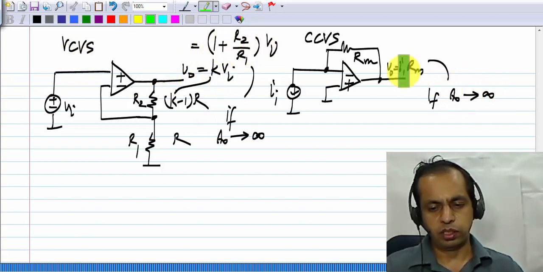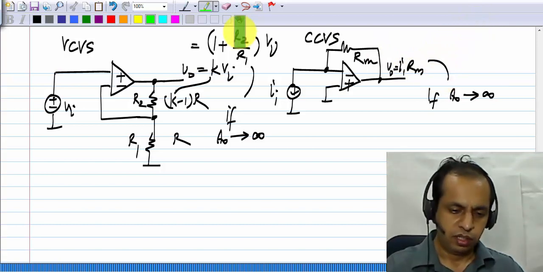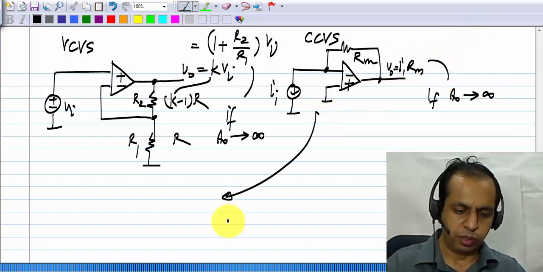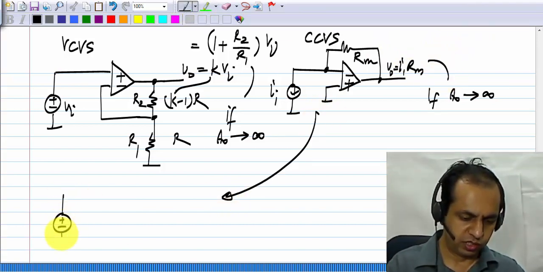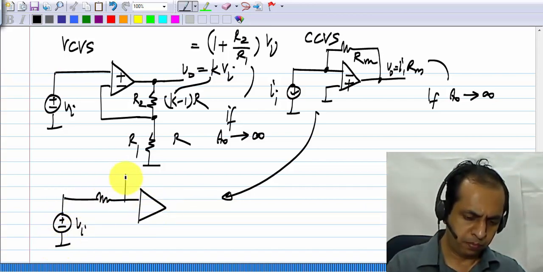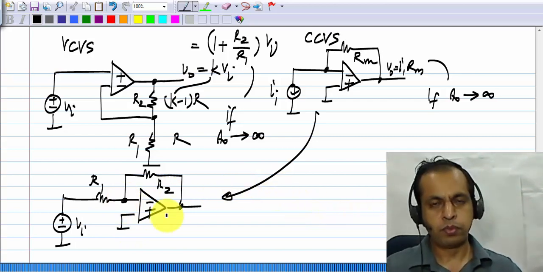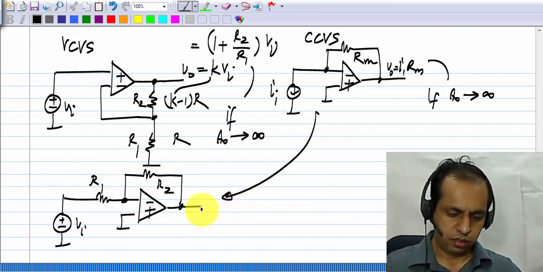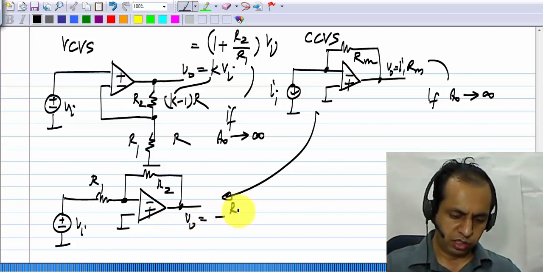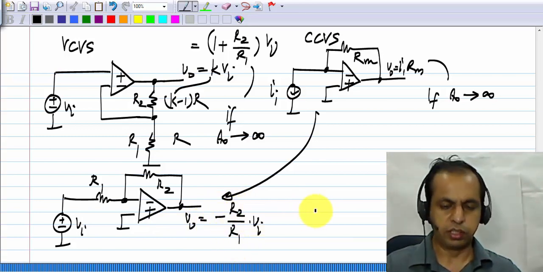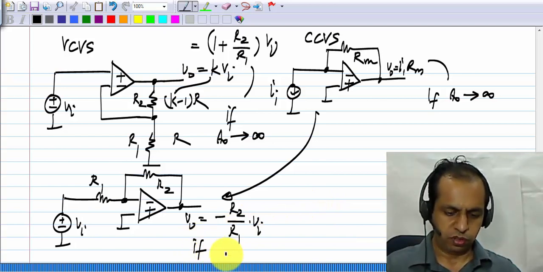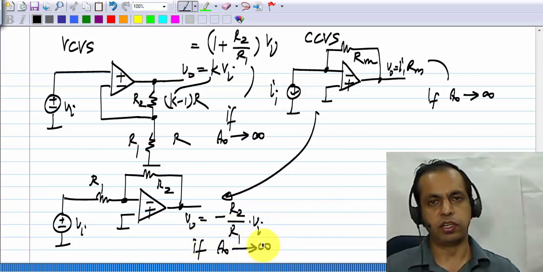The gain of this will be Rm. Okay. And a variant of this, which can be driven with a voltage source, is Vi, R1, R2. Okay. Here the output will be minus R2 by R1 times Vi if the gain of the op amp is infinite.